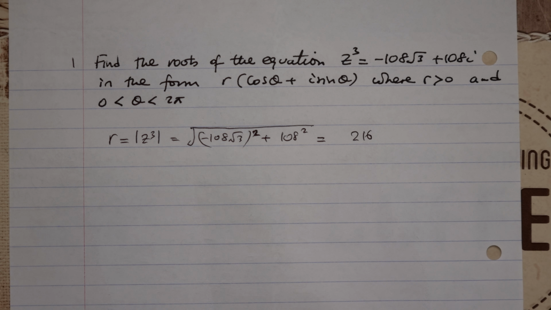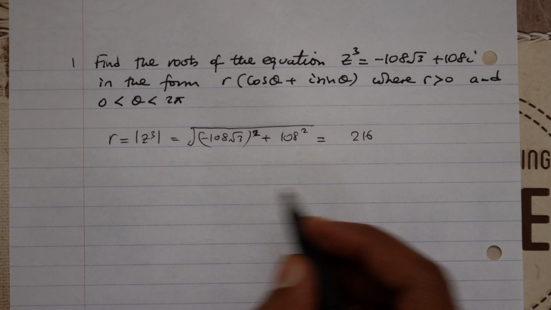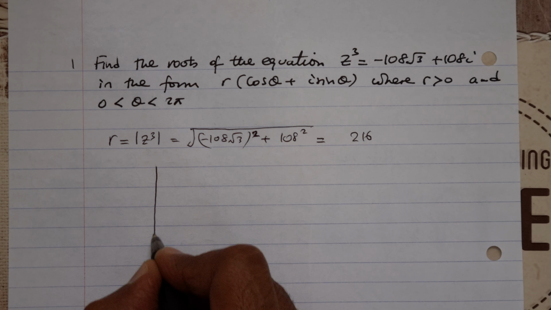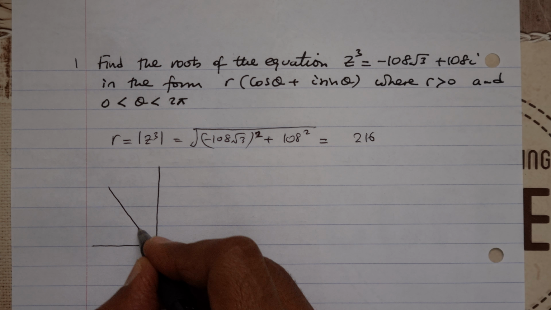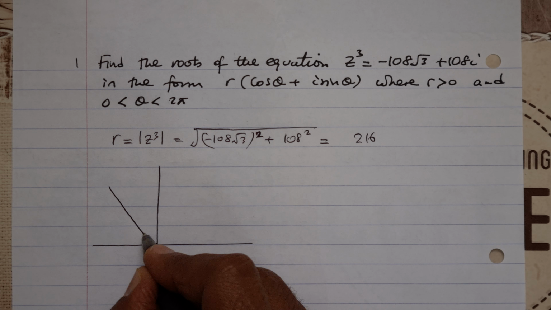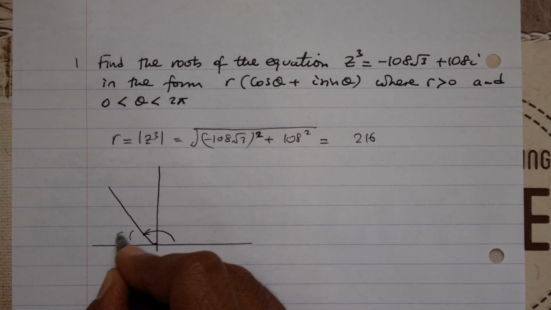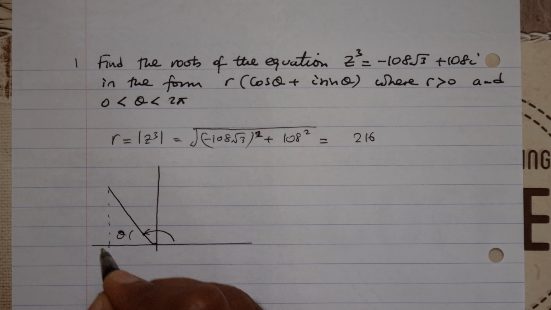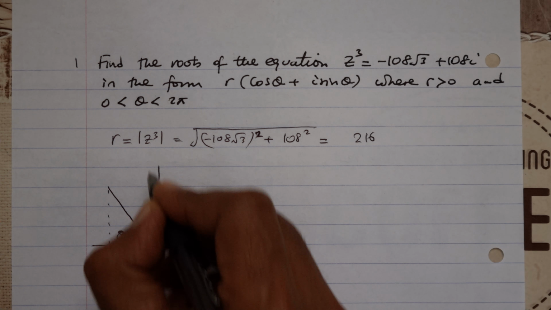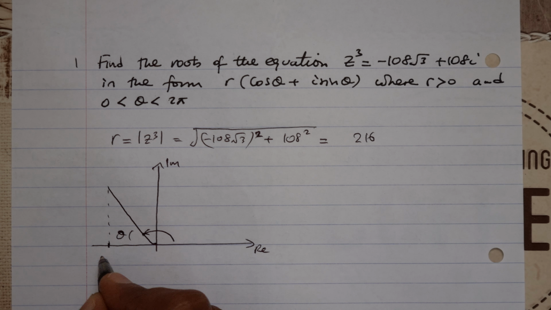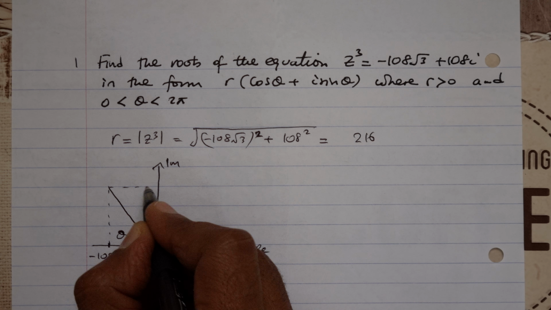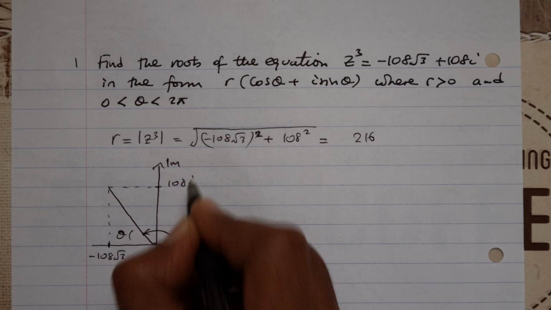Now the next step is to find the argument of z cubed, which is theta. On the real axis, the point on the left-hand side is negative 108 root 3, and on top I've got 108i.